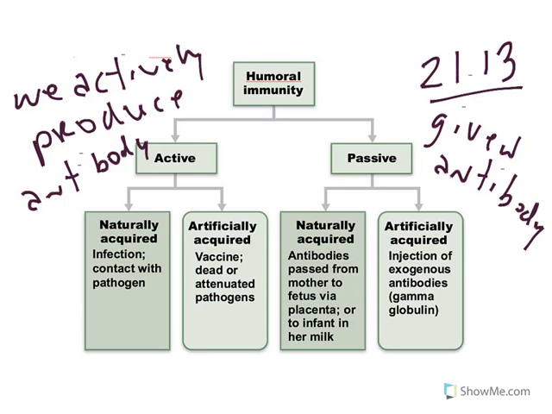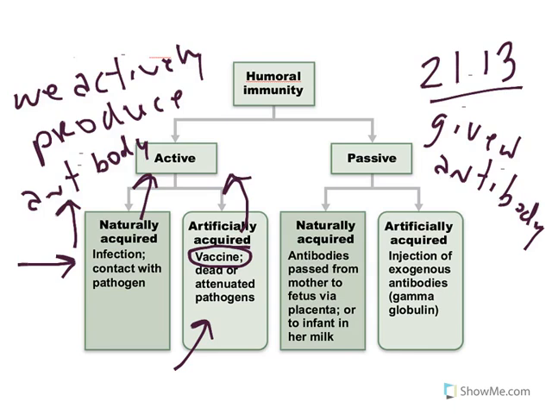So the specific ways: naturally acquired active immunity means that we had direct exposure to a live pathogen, and then we subsequently produced our antibodies. Artificially acquired means that we are given a vaccine, which is either a dead or fragmented pathogen, and then we will actively produce antibodies.